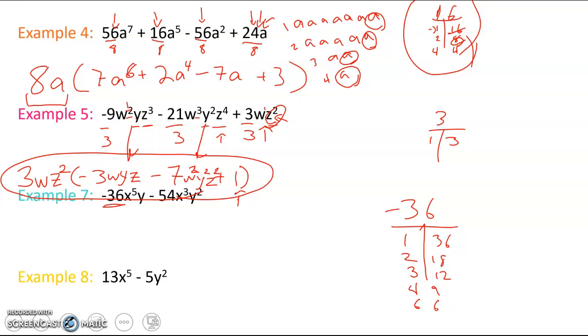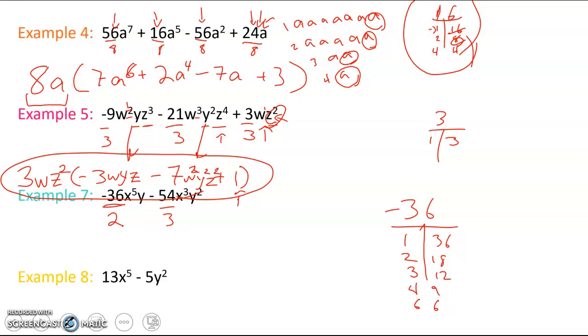36 doesn't work. 18, well, let's take a look at 18. Will 18 divide 54? I'll have my calculator here. 54 divided by 18. Yes, it does. 54 divided by 18 is equal to 3, and then 36 divided by 18 is 2.